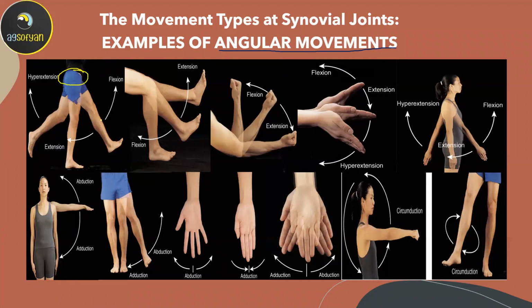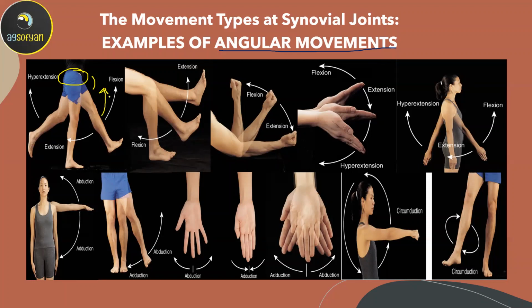You can flex the hip, so the angle becomes lower, from let's say 100 degrees to maybe 90 degrees.